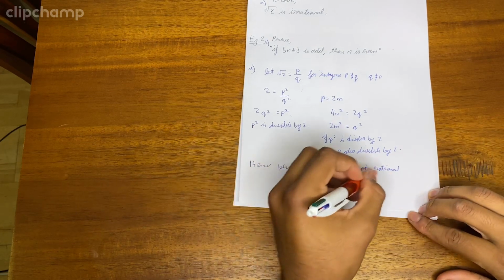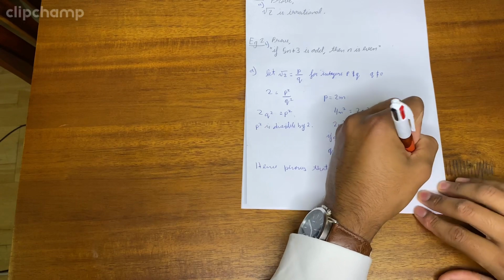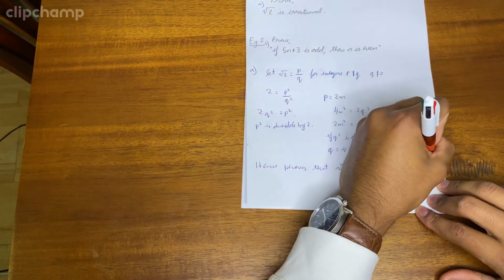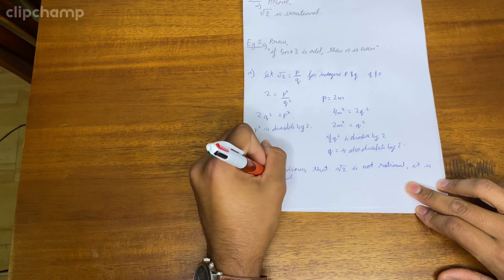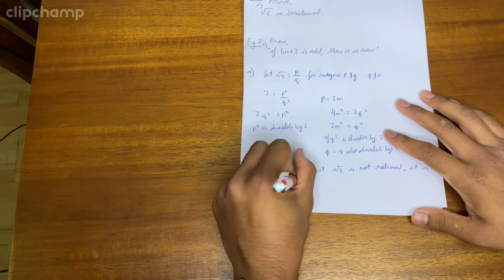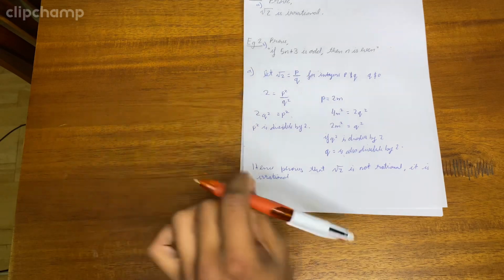Hence this proves that root 2 is not rational. It is irrational.